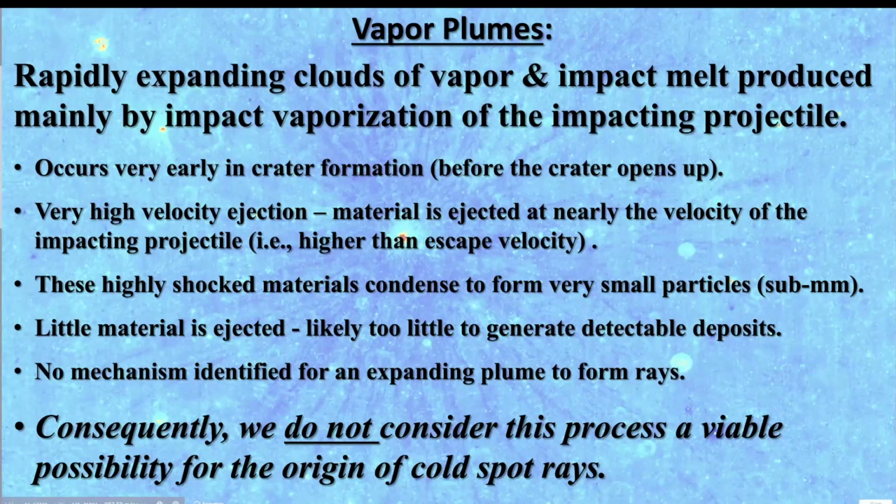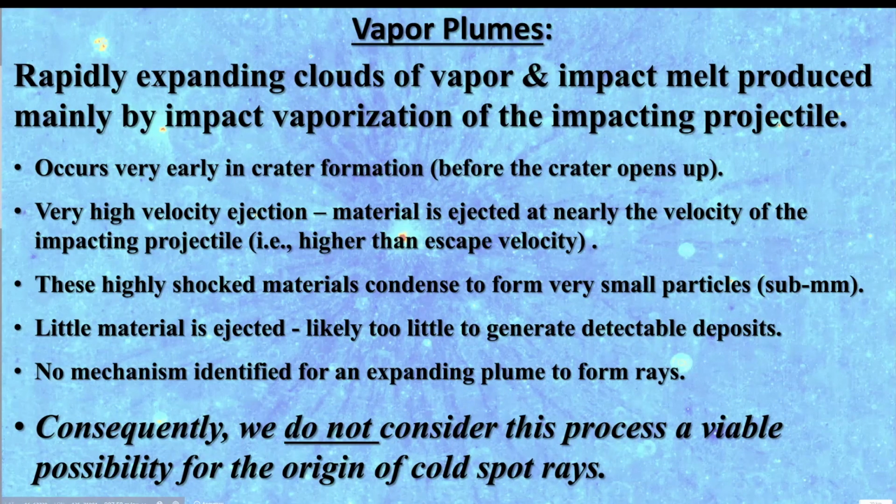So vapor plumes: it's basically a rapidly expanding cloud of vapor produced mainly by impact vaporization of the projectile. So it occurs very early in crater formation, before the crater opens up. Very high velocity ejection. Material is ejected at nearly the velocity of the impacting projectile, i.e. higher than the escape velocity.